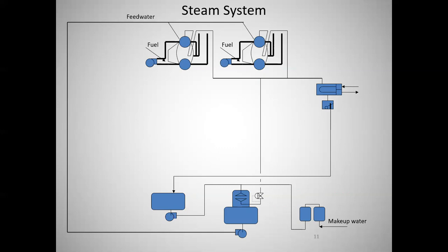That's what's up at the top. And that depiction would be of a water tube boiler. When you read, you're going to find that we have really 2 types of boilers for industrial applications: fire tube and water tube. These are water tube boilers.